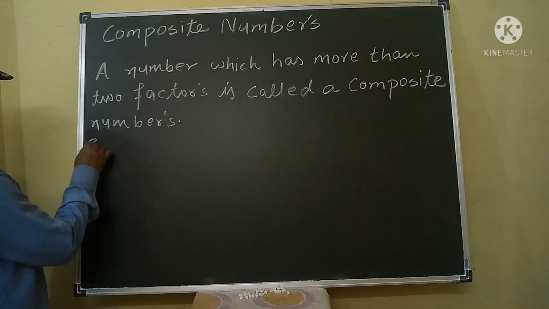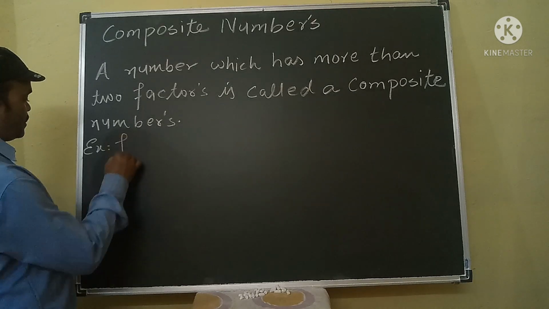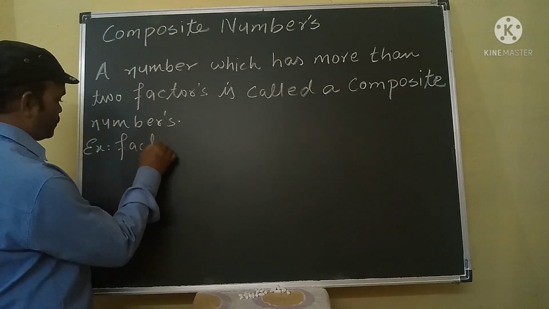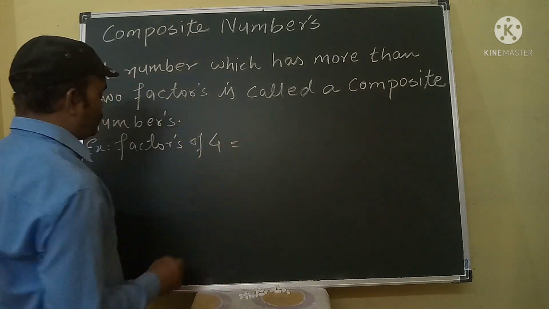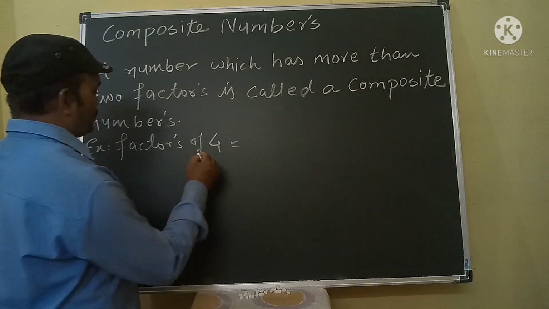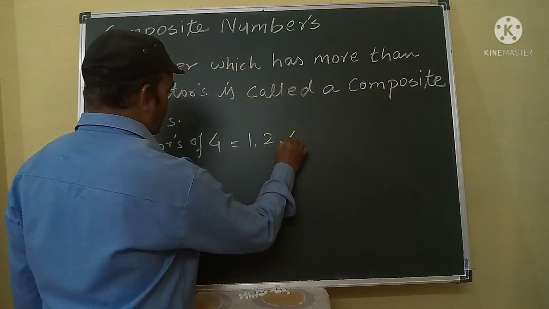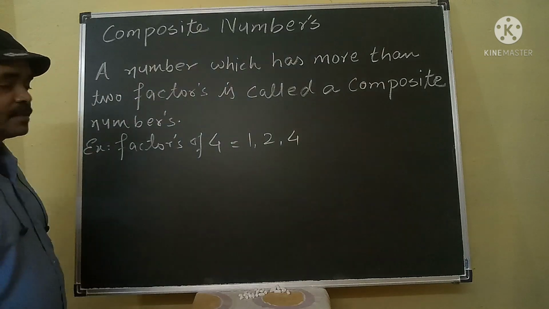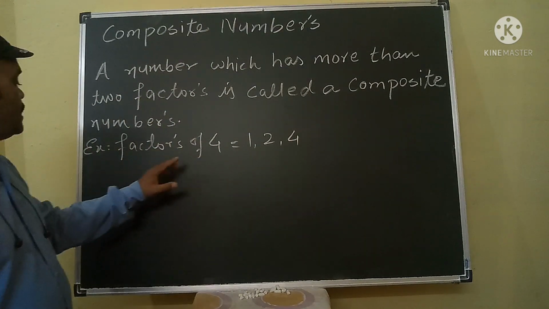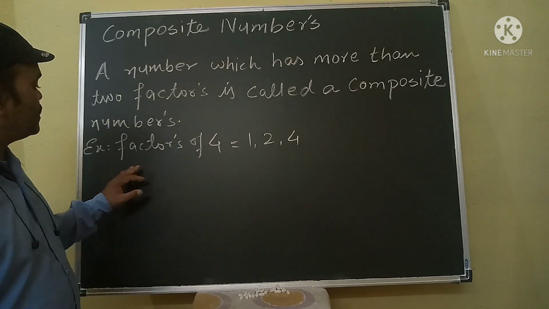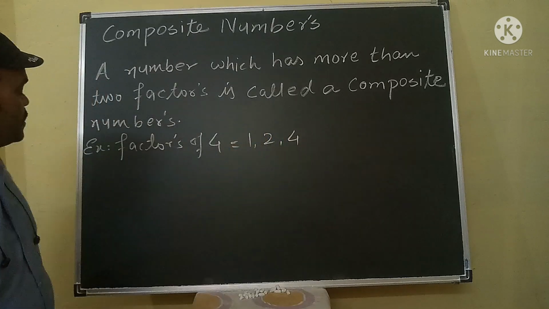For example, suppose you want to find out the factors of 4. 4 is a composite number. The first factor is 1, the second factor is 2 and the third factor is itself, that is 4. That's why it has more than 2 factors.